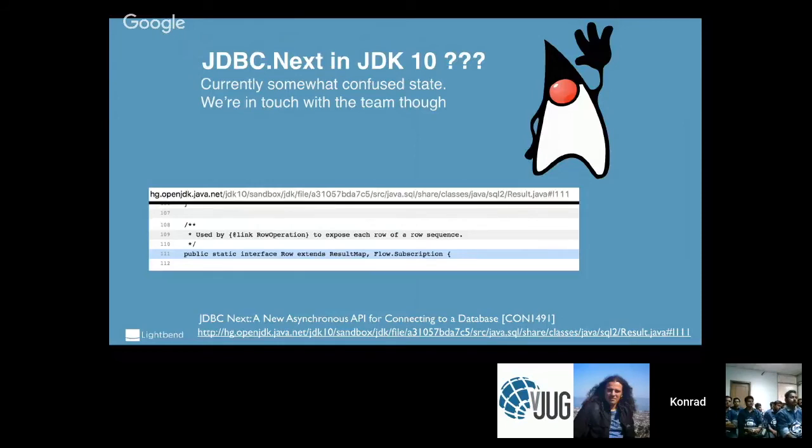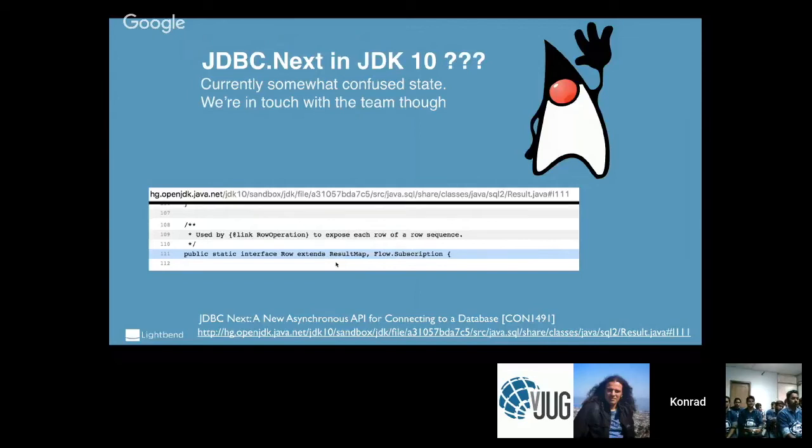Currently it is being used, but there's an active and ongoing discussion to make sure it really fits the exact semantics as well. So we'll see how exactly it will be used over there. If you're curious about that, you can subscribe to the mailing list. Feel free to chime in. I mean the JDBC next mailing list, to be specific. And here you can see the prototype was using it here on the result row.